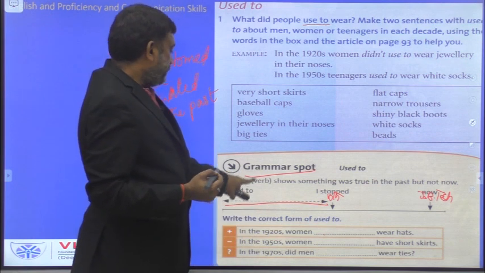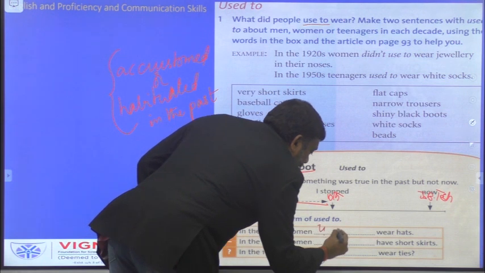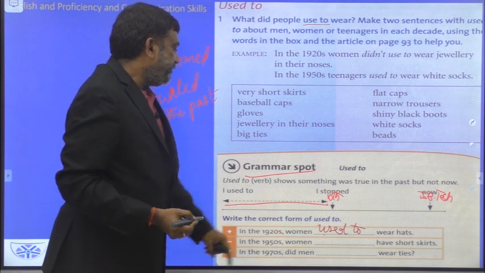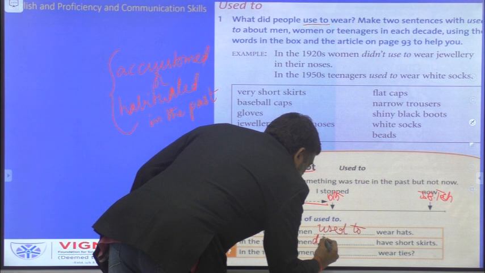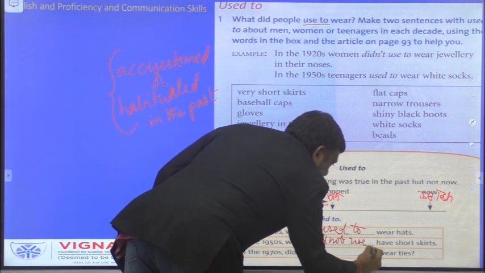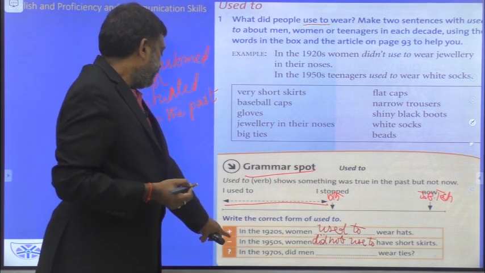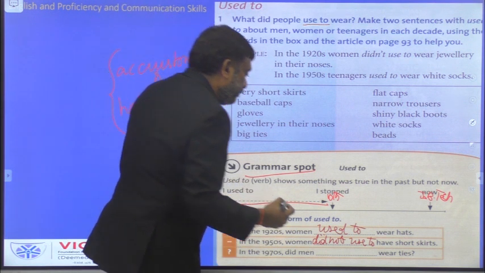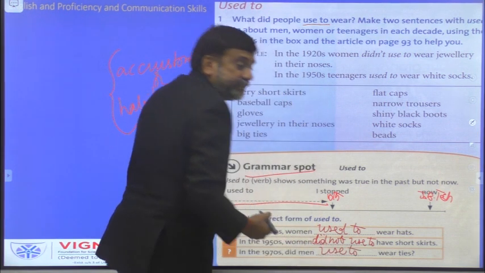Okay guys, let us look at the grammar spot. In the 1920s, women used to wear hats. In the 1950s, women did not used to have short shirts. In the 1970s, did men used to wear ties?